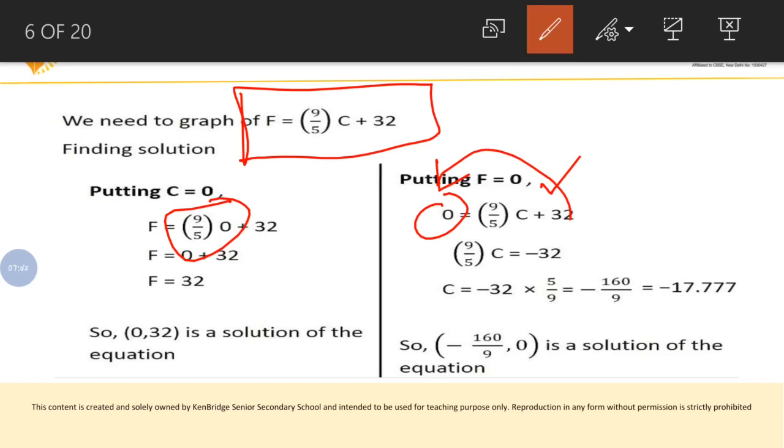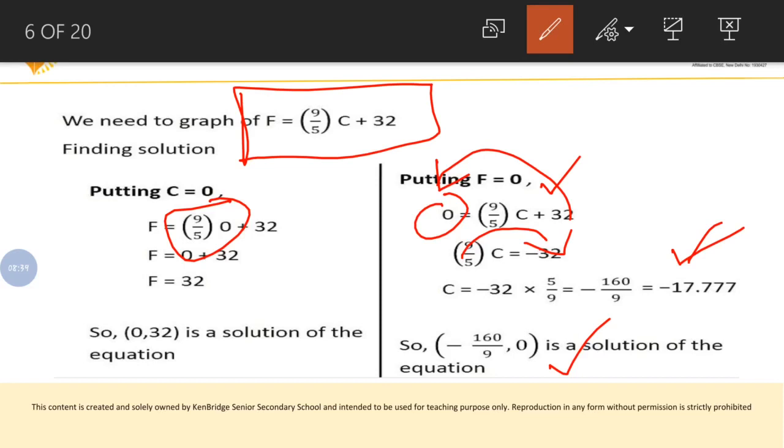If you take 9 by 5 to this side, we write it as the reciprocal, so C is equal to minus 32 into 5 by 9. We cannot cancel, but we can multiply 32 into 5, so we get minus 160 by 9. If you divide this, you get minus 17.777. So the point will be (minus 160 by 9, 0). This is the solution of the given equation.